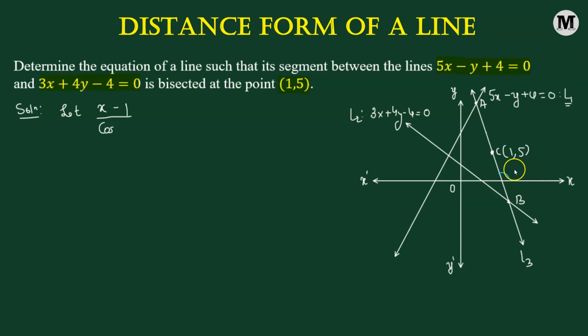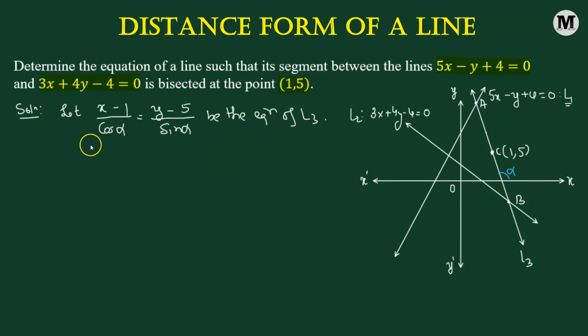Let's say this is the angle alpha that the line L3 makes with the positive direction of the x-axis. Then we have cosine of alpha, and this is going to be equal to the difference of the y coordinate, y minus 5, divided by sine of the angle alpha. So let this be the equation of the line. This is going to be the equation of L3, which is what we need to determine.